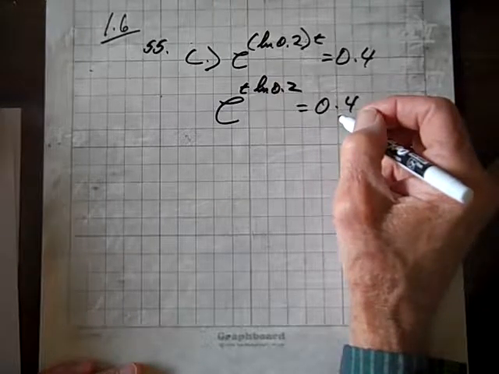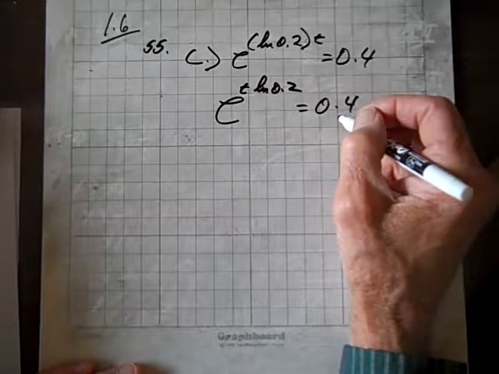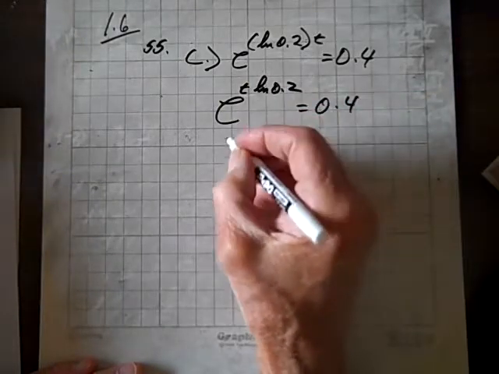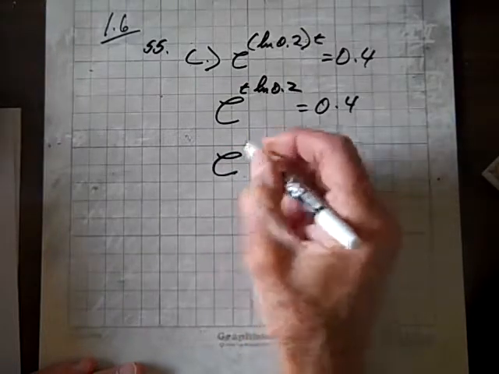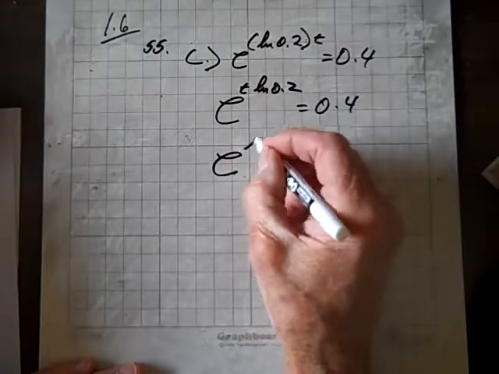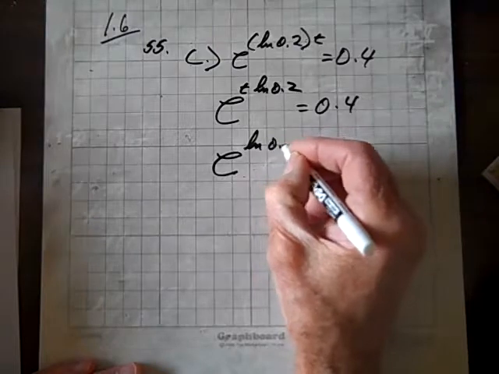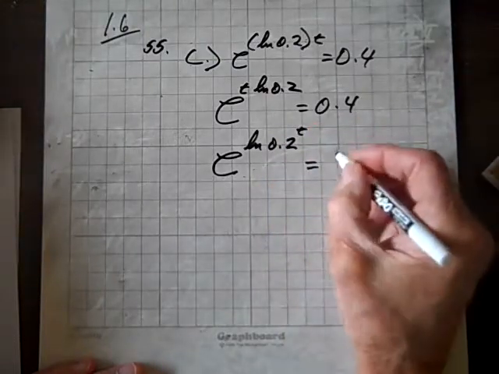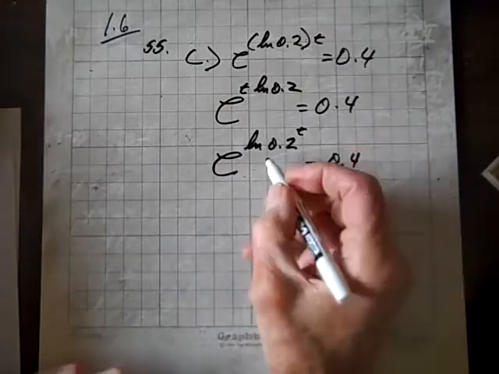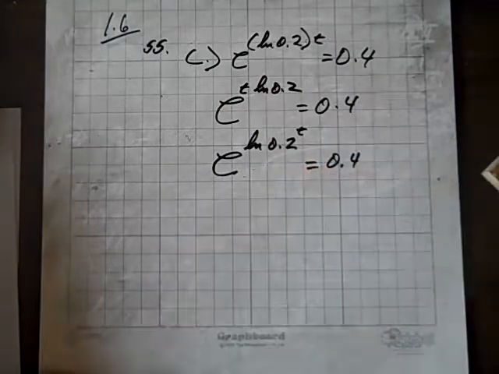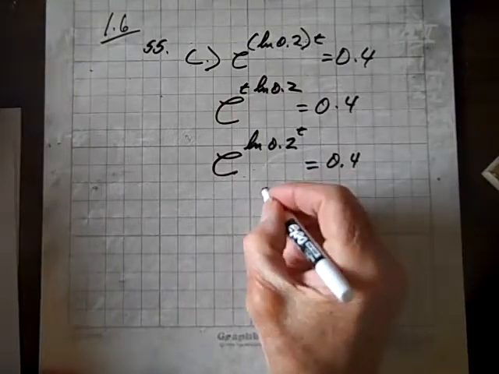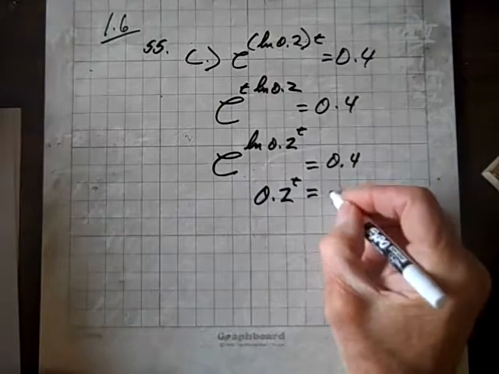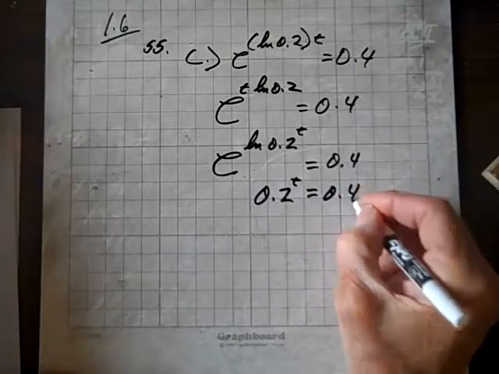So we could go a couple of ways here. I could say, well, by the law of logs, that's e to the ln of 0.2 to the t power, which equals 0.4. Now, this is the composite of a function and its inverse, so we get 0.2 to the t power equals 0.4.